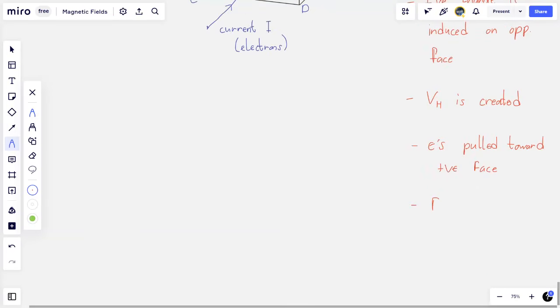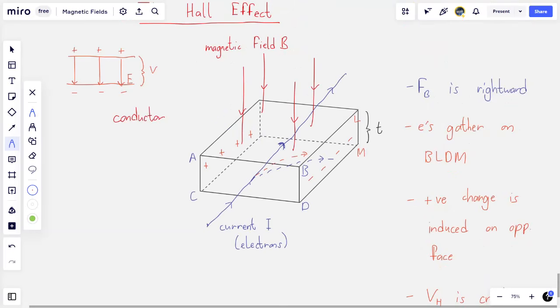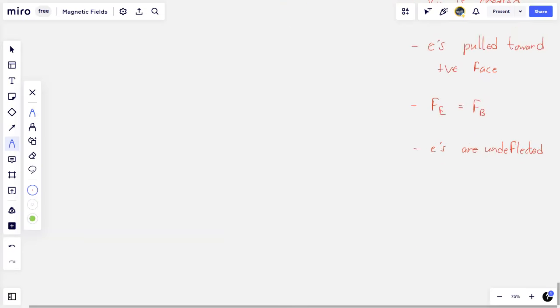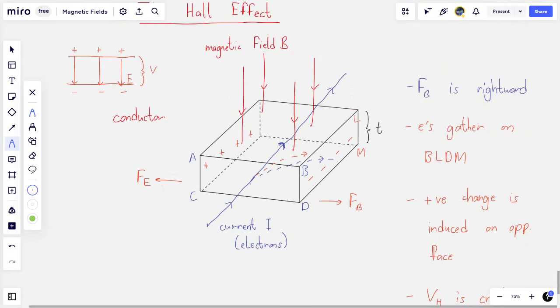And at some point, the electric force pulling to the left balances the magnetic force pulling the electrons to the right, and guess what? The electrons are undeflected. Now you're probably thinking, why go through all this trouble to just let the electrons flow straight through anyway?